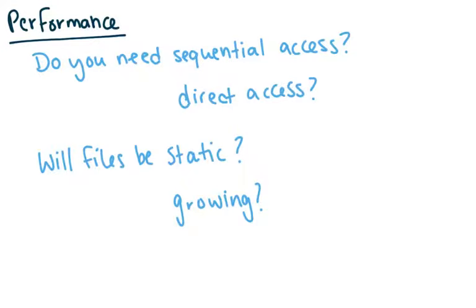Okay, so some performance concerns, or decisions really. When you are deciding how you want to actually do your allocation, you have to decide on a few things. Do you need sequential access? If you need sequential access and that's all you're going to be doing, then you might as well use contiguous allocation, because that's what it's good for.